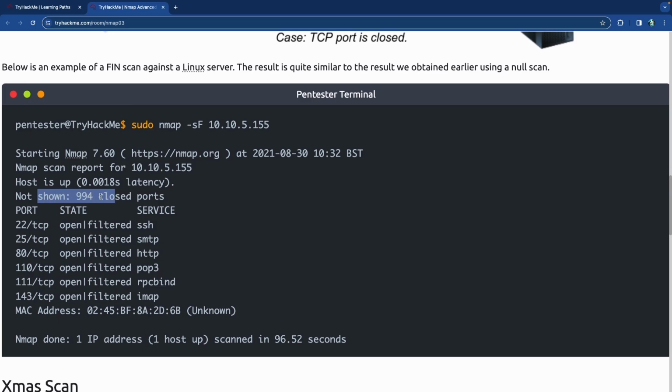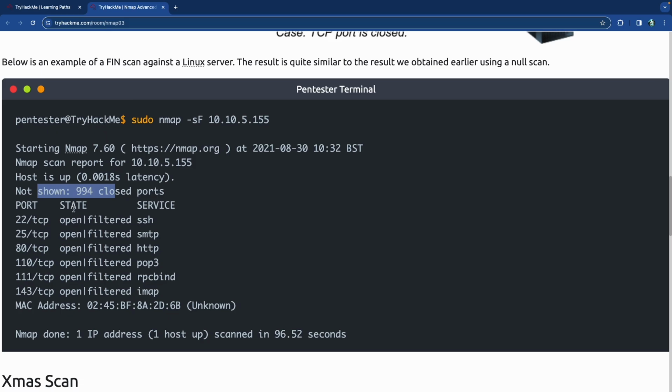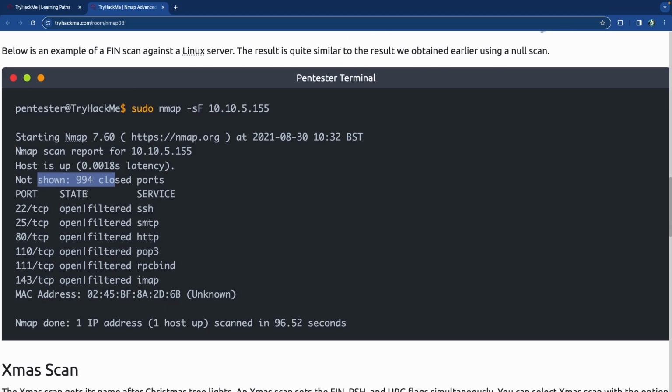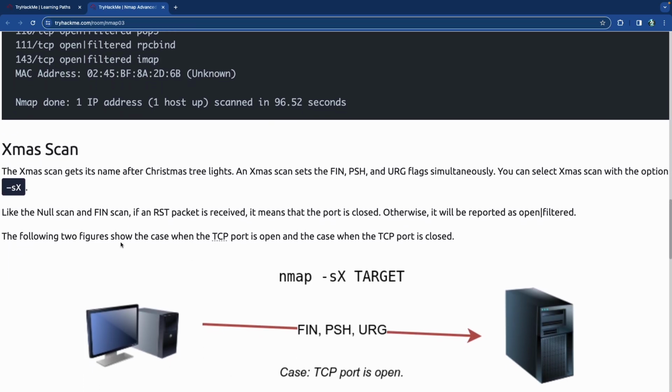It shows you that there's 994 closed because it did the scan of the top 1,000 ports. If we did the entire 65,000 ports, it'll have a much higher number over here, and then it'll just give you whatever it thinks is either open or filtered through some kind of firewall.